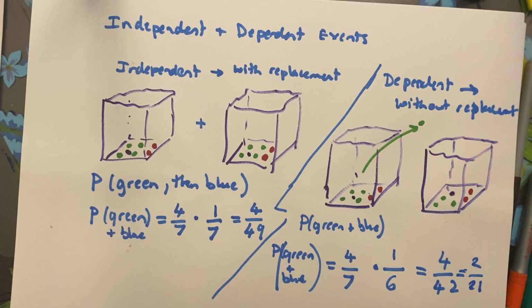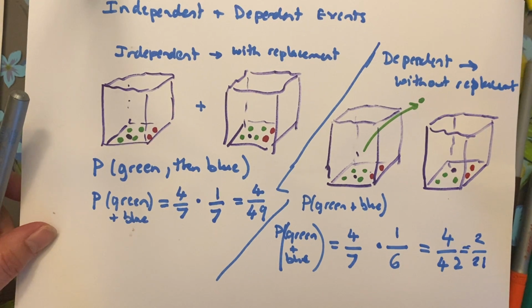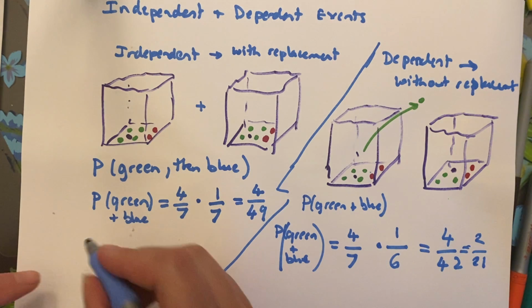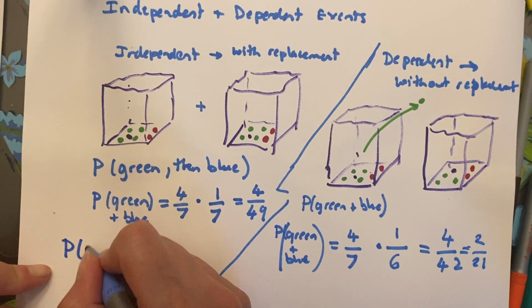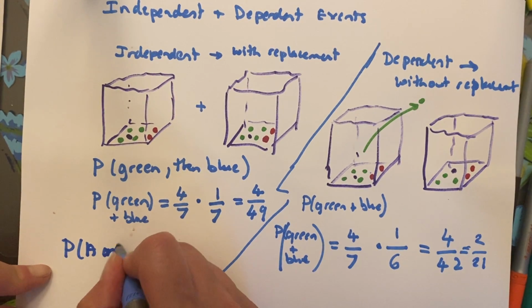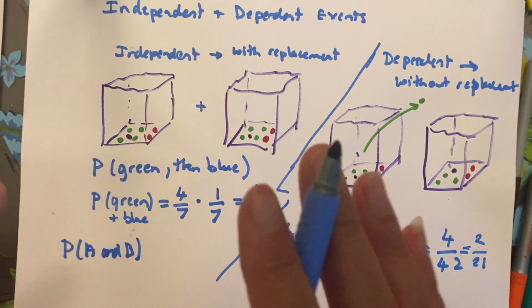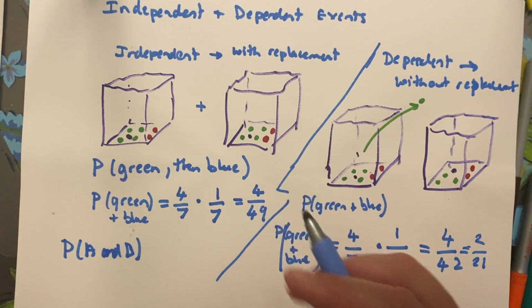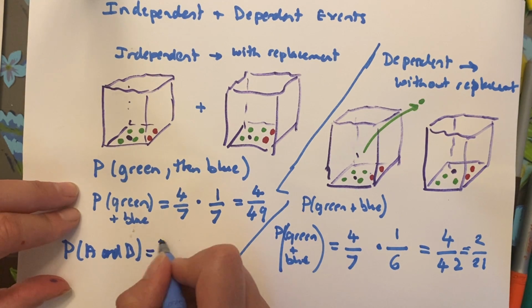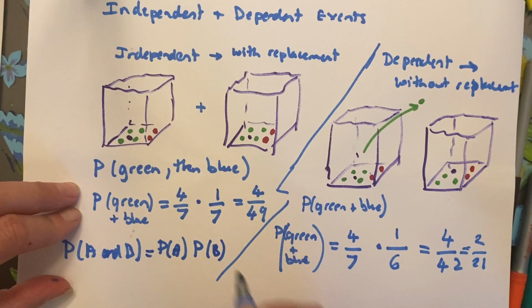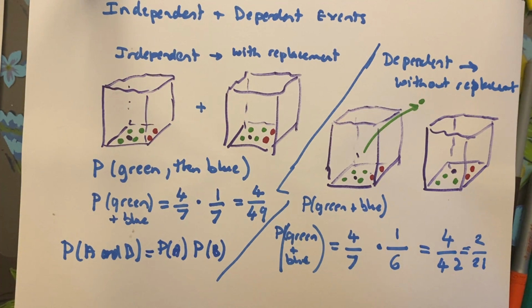So these probabilities are worded slightly differently. The probability of A and B, when you have independent events that none of them depend on each other, right? Because you're starting with the same bag, same amount in both times, is just the probability of A times the probability of B, okay?